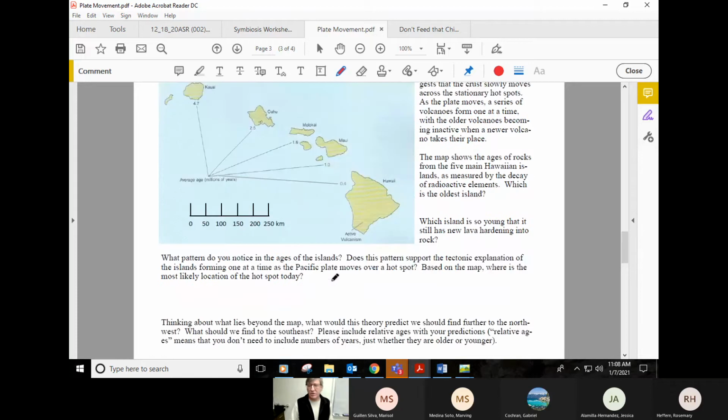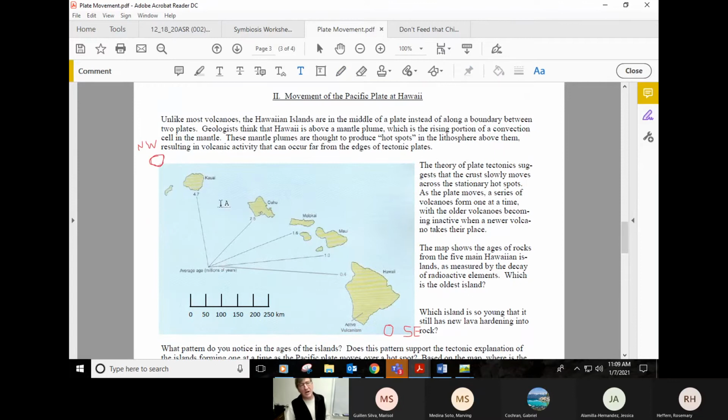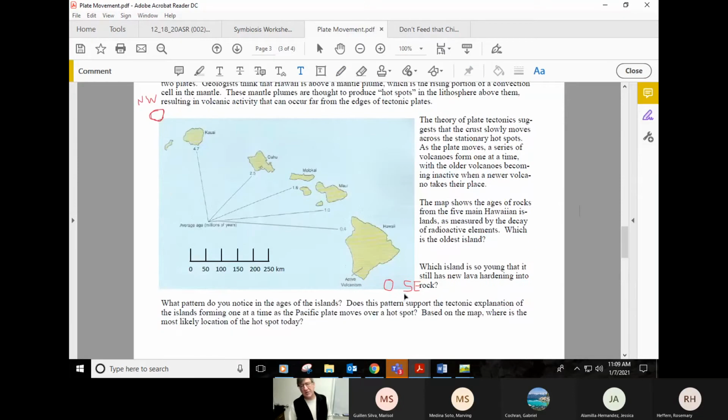And what should we find over here in the southeast? So make predictions about what you would expect to find northwest of the Hawaiian Islands and southeast of the Hawaiian Islands.